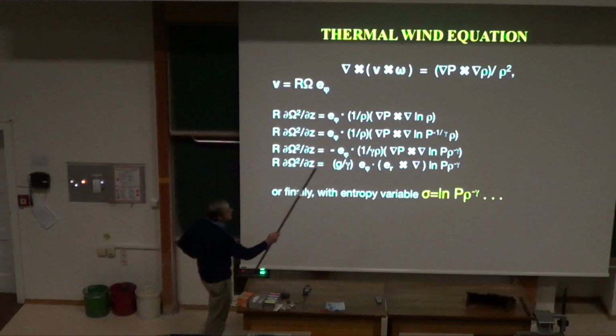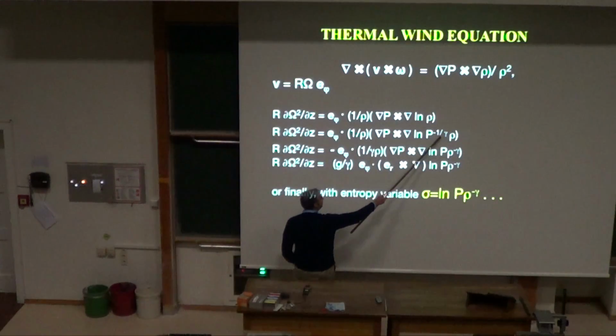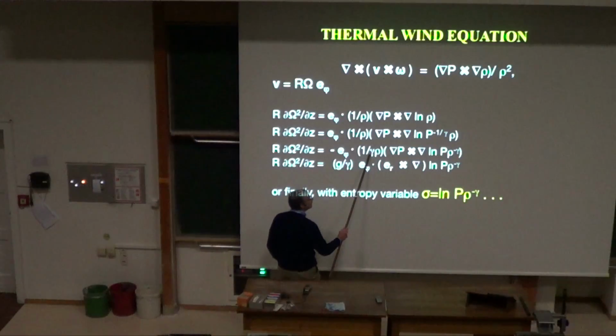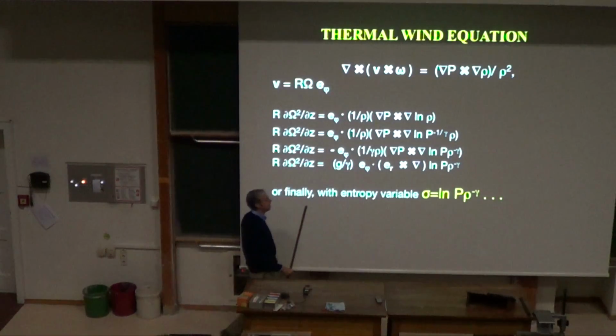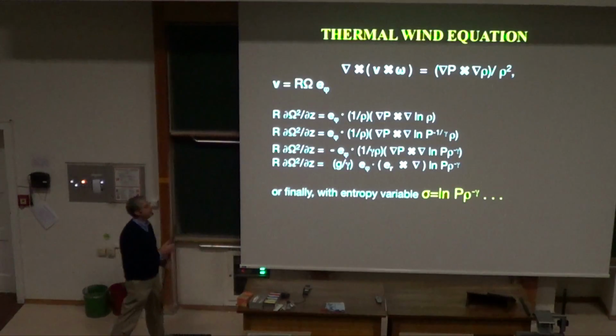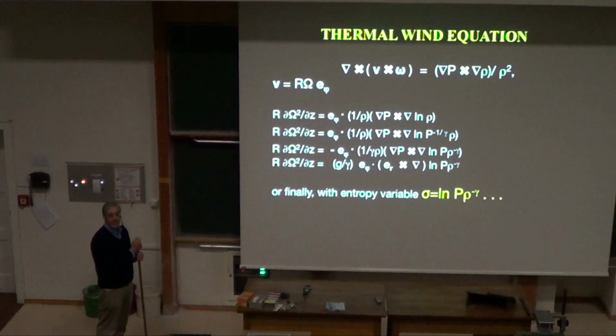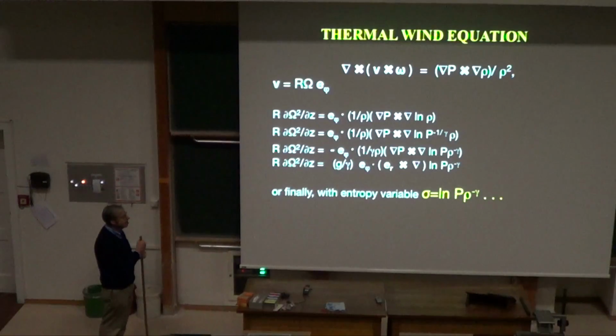Nevertheless, once that's inside this logarithm, I take out this minus 1 over gamma factor, write it as p rho to the minus gamma, and now I have something which involves the entropy only.